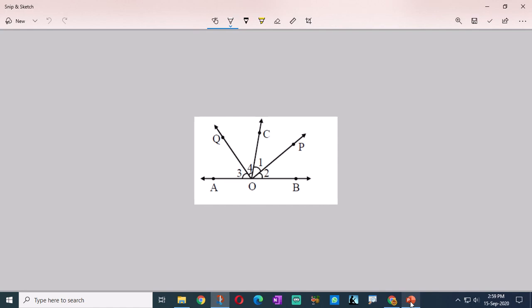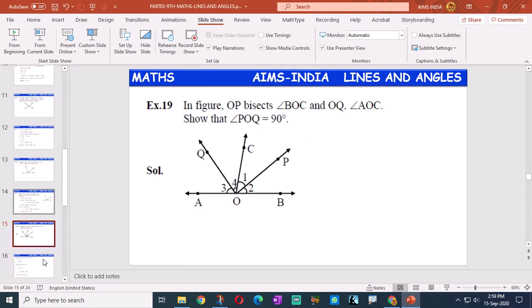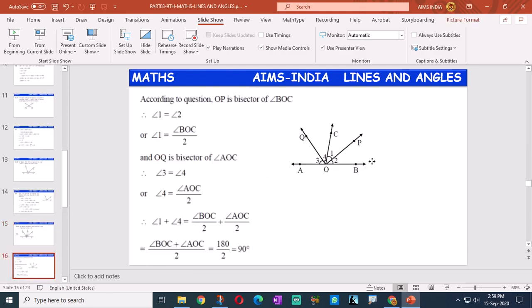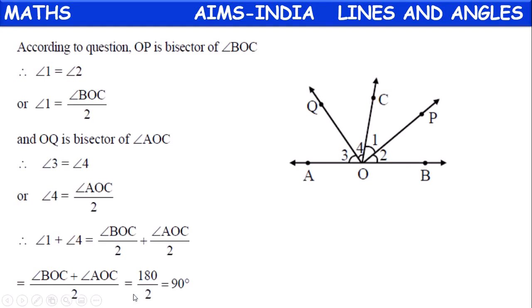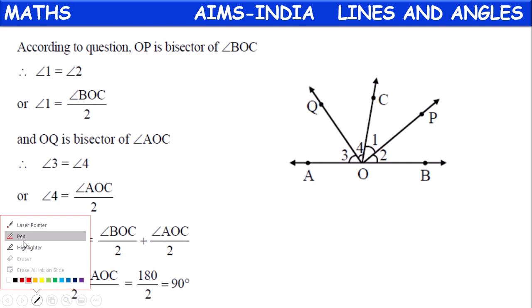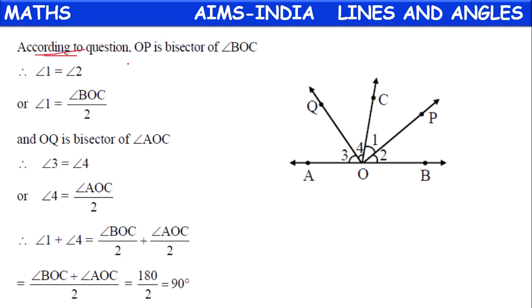Let's take the diagram here. So this is the diagram, children. According to the question, OP is the bisector of BOC.